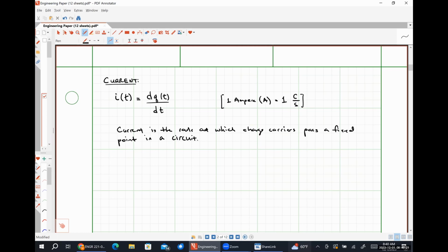All right, so the equation that I gave you guys here can be rearranged to find charge if we happen to know current, right?